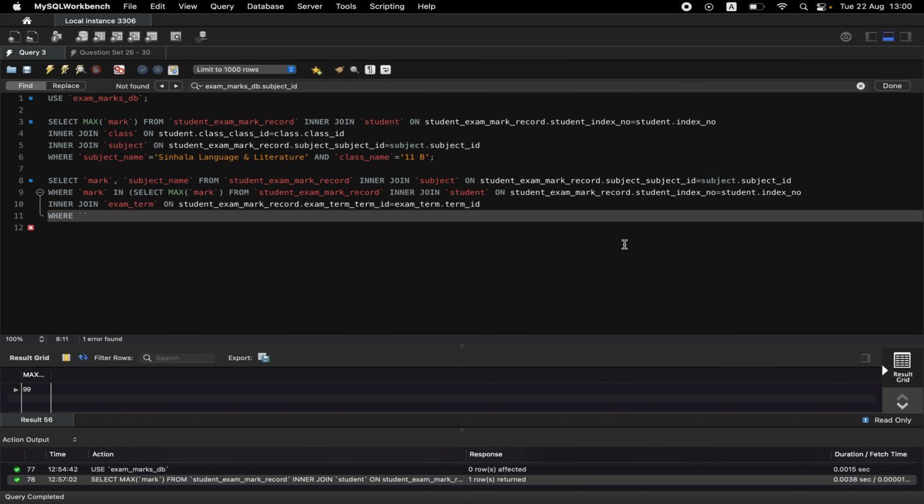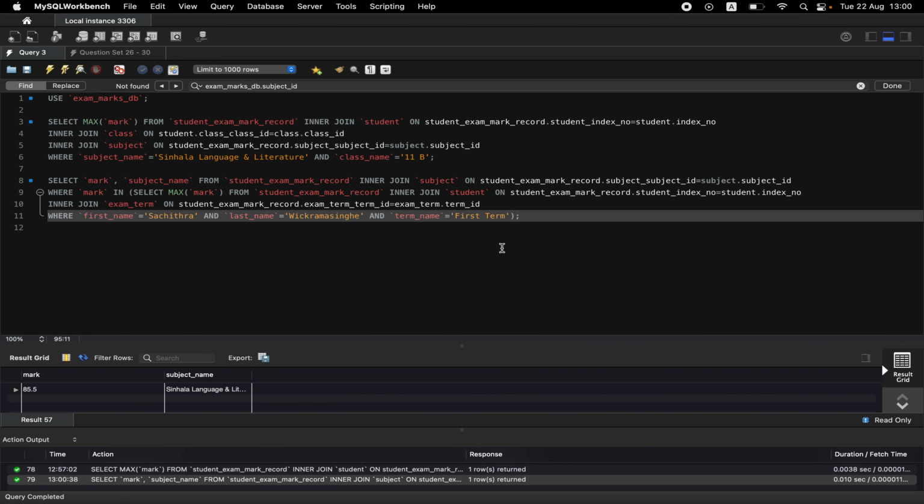The exam term name is first term. The first name is Sachitra and last name is Wickramasinghe and term name is first term. So this is the answer, 85.5. The mark is 85.5. The subject name is Sinhala language and literature.